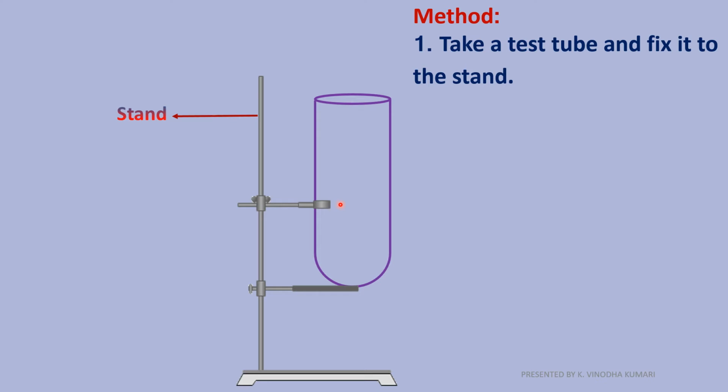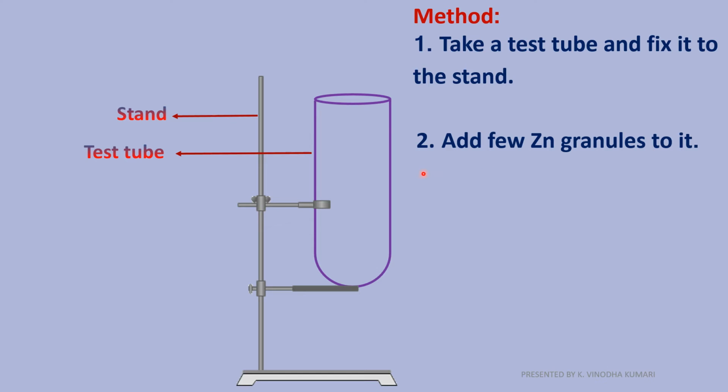So we have to fix it to the stand. Now, to the test tube, you have to add a few zinc granules. These are the zinc granules which we are putting in the test tube.